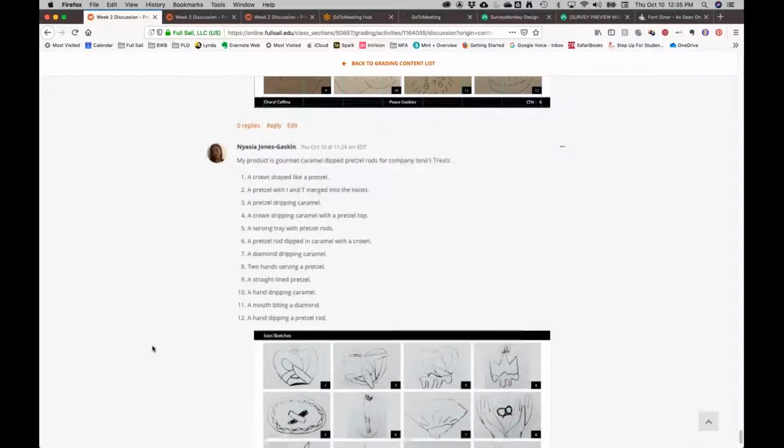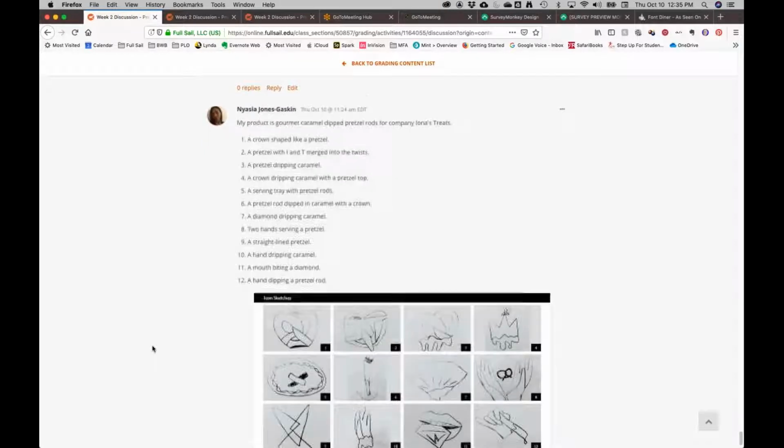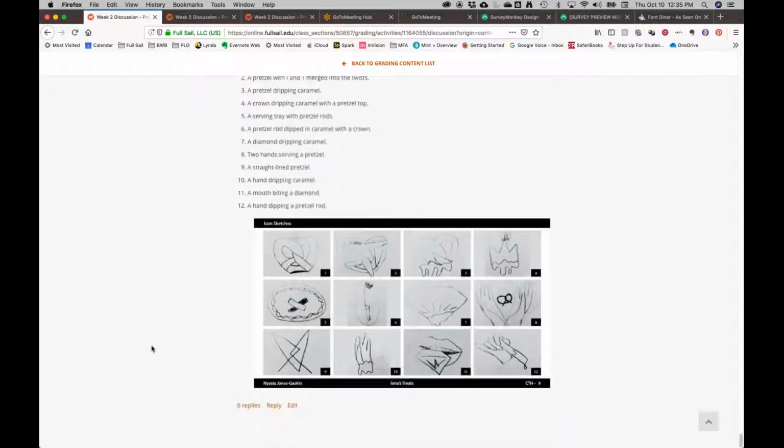All right, Naisa, you're doing Iona's treats. So these are pretzel rods. You've got pretzels that are bent around. If it's a pretzel rod, it's elegant with the pinky up. I like the hands, but instead of a pretzel, maybe 2 rods crossed.